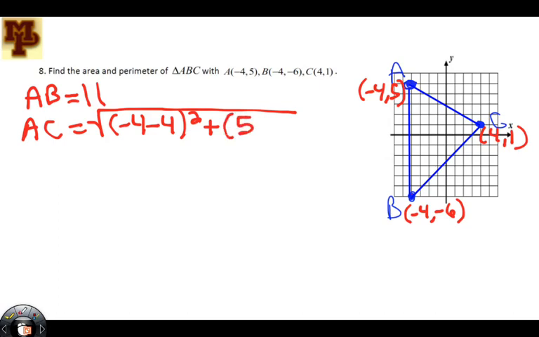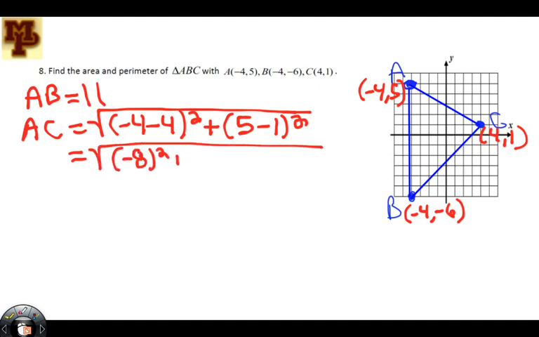So 5 minus 1 squared, so that is negative 8 squared plus 5 minus 1, which is 4 squared. So that's going to be 64 plus 16, so that is how much? Square root of 80, I believe. Yeah, should be square root of 80.